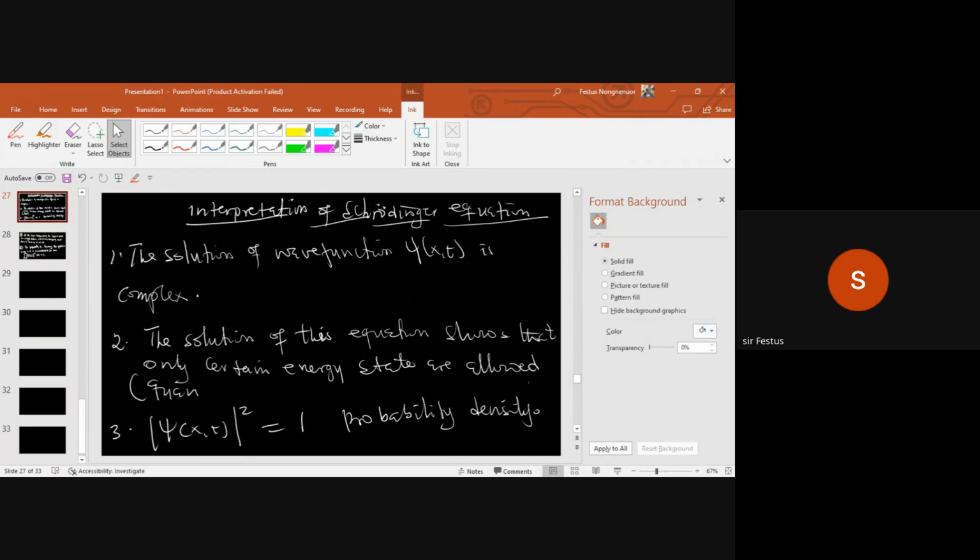Okay. Point 2 is that the solution of this equation, that is the Schrödinger equation, shows that only certain energy states are allowed. So when you are looking at the occupation in terms of quantum mechanics, we have the equation En equals n squared h bar over 8 pi something, if you remember this.